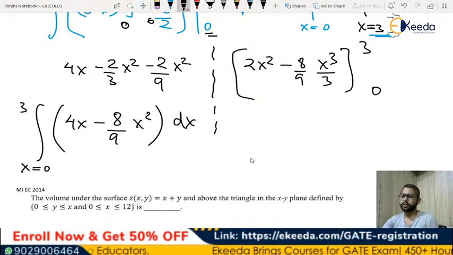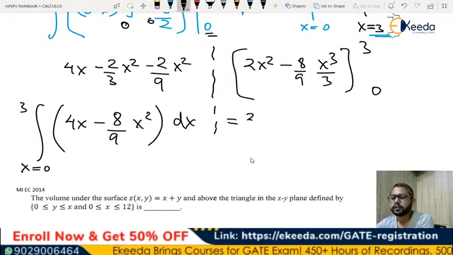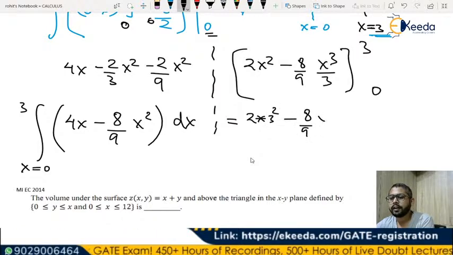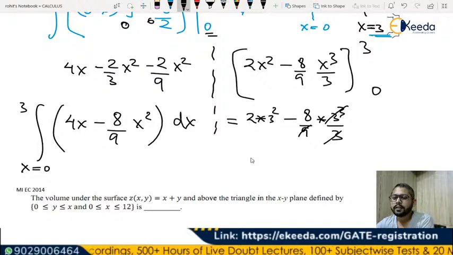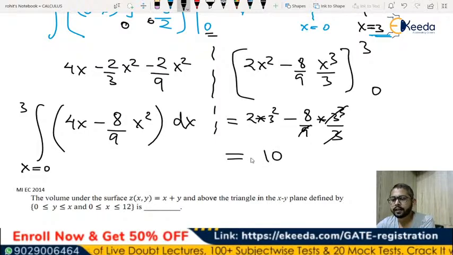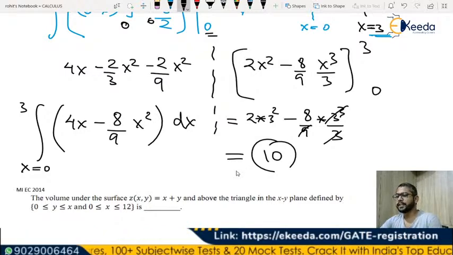So let's directly put the limit 3. So putting 3, it is going to be 2 into 3 square minus 8 by 9 into 3 cube by 3. So do you see this 3 cube and this 9 will get cancelled? This is 3 square. So 18 minus 8, and the final answer will be 10. So the answer is going to be 10 here.